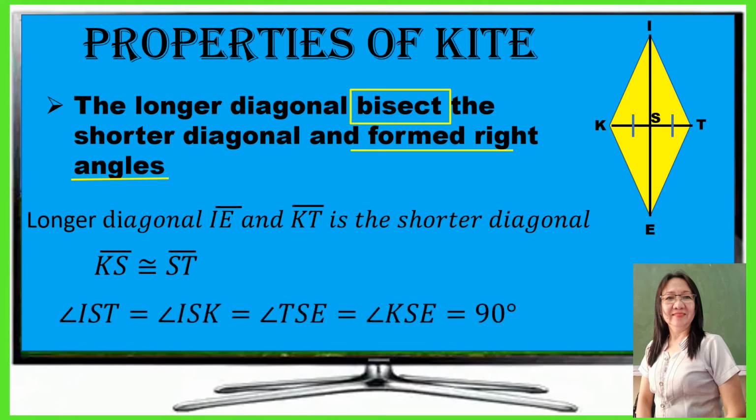Therefore, angle IST is equal to angle ISK, and is also equal to angle TSE, and is also equal to angle KSE, and they are all equal to 90 degrees.